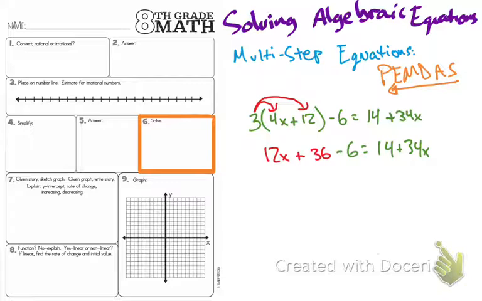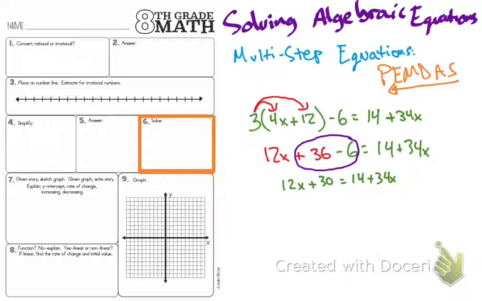Next, I'm going to look for, do I have anything that can be combined or put together? In this case, I notice I have some constants. Those can be put together. So my 12x remains the same, but 36 minus 6 is just 30. And that equals 14 plus 34x.